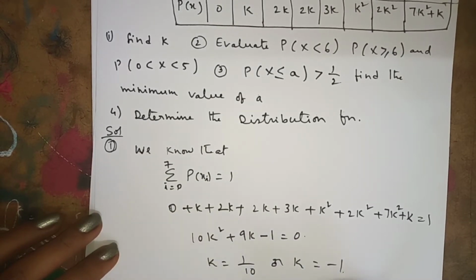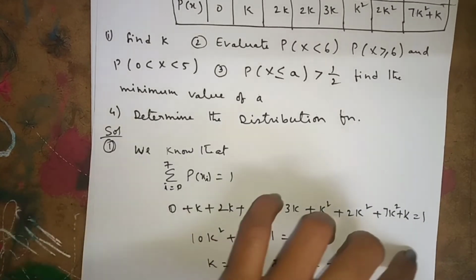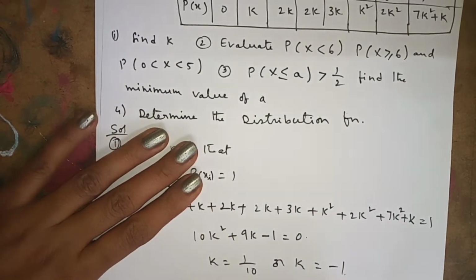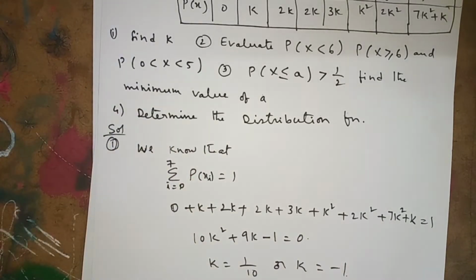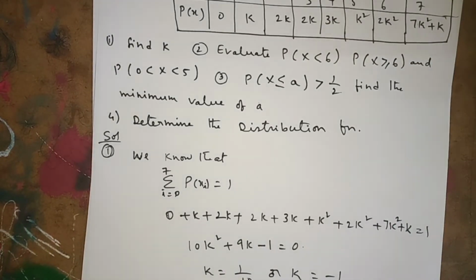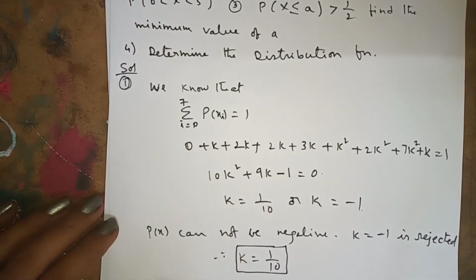Therefore k is equal to minus 1 is rejected. Probability values always lie between 0 and 1. Therefore k is equal to 1 by 10.